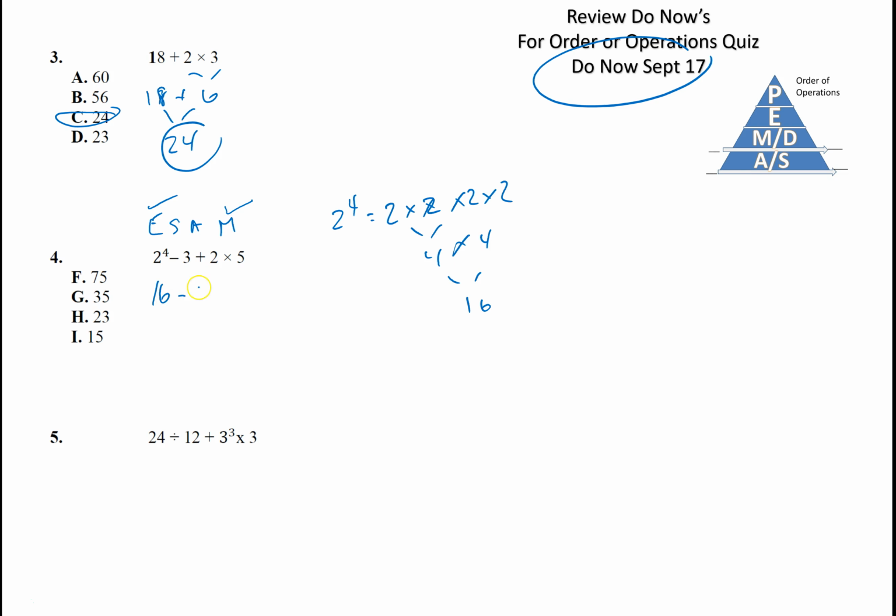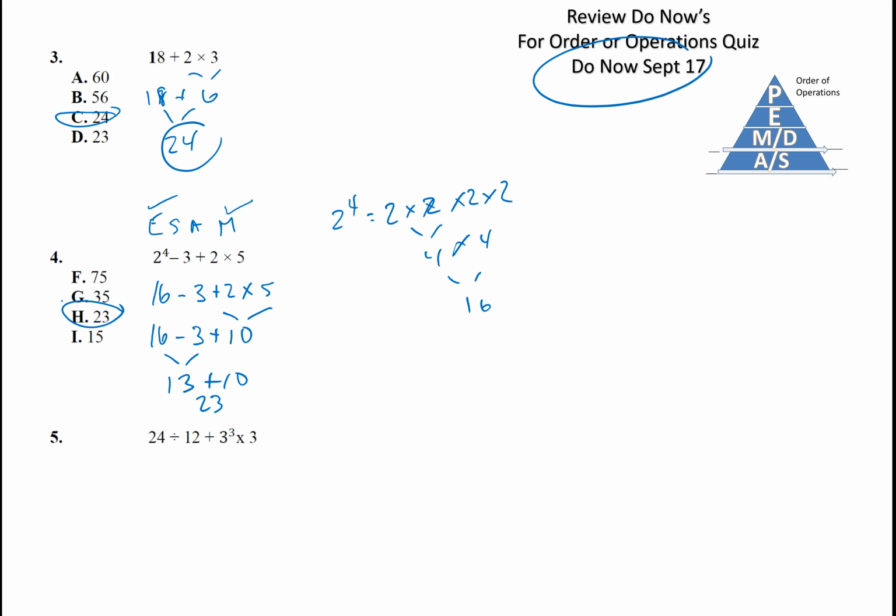So that's 16 minus 3 plus 2 times 5. Multiplication before addition and subtraction, so 2 times 5 is 10. Then I see subtraction first from left to right, so I do my subtraction first. That gives me 13 plus 10, I get 23.